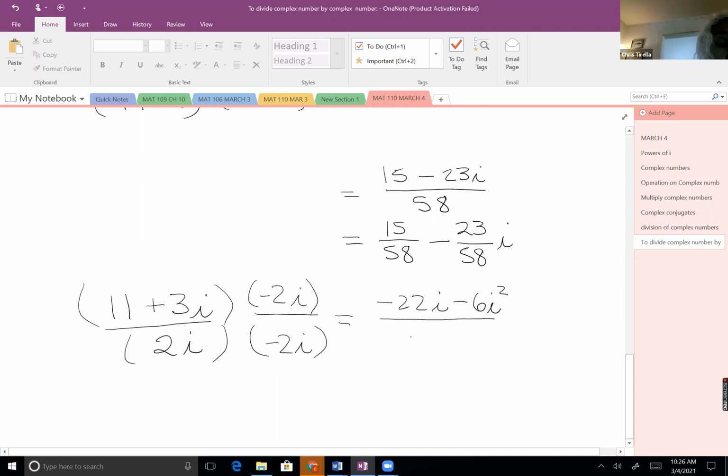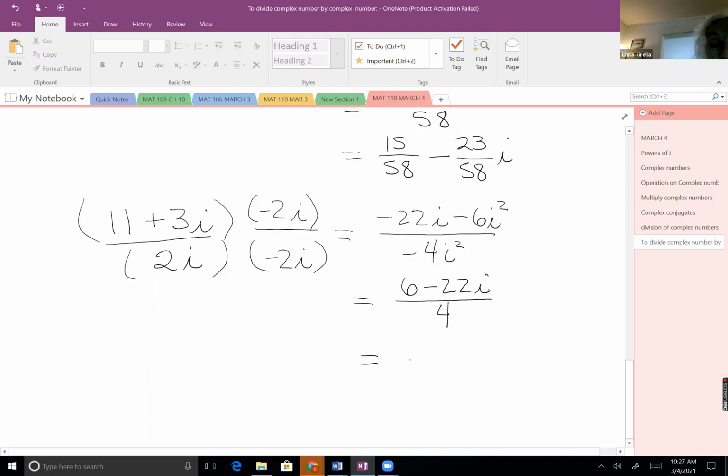In the denominator, I'll get negative 4i squared. And then recognizing that i squared is negative 1, that'll turn into, let's see, negative 6 times negative 1 is positive 6 minus 22i. And negative 4 times negative 1 will give me 4.